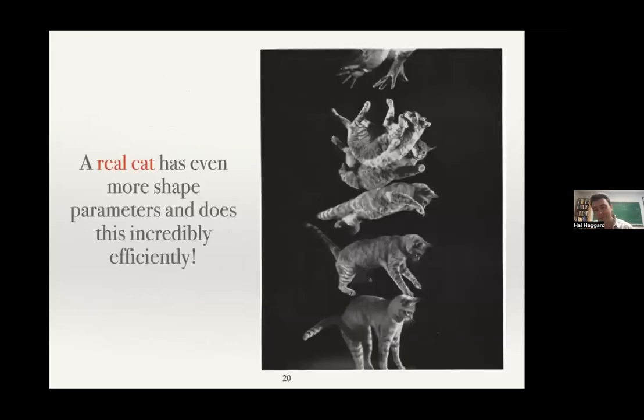So a real cat is obviously even more complicated than that toy model that I've just shown you. And so it has even more degrees of freedom in how it changes shape. But you can now see what Mary saw from these pictures, and this is a very beautiful version of that. So the cat starts curled.